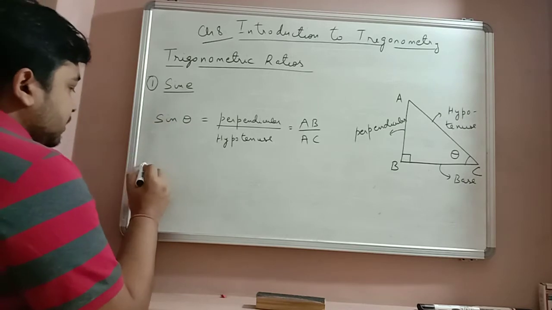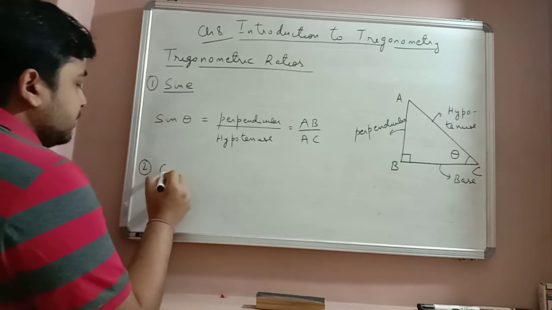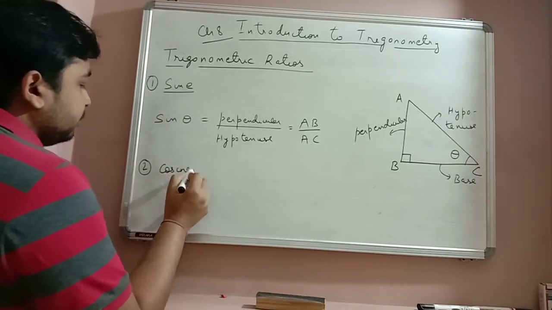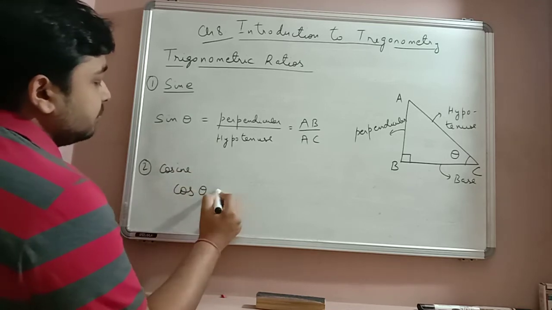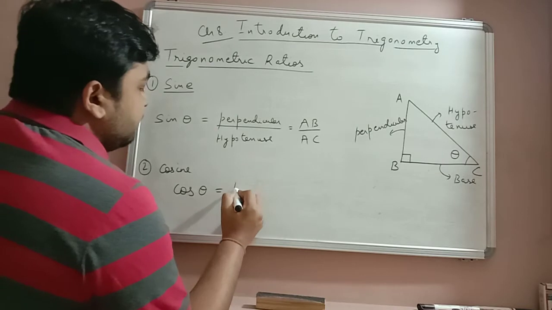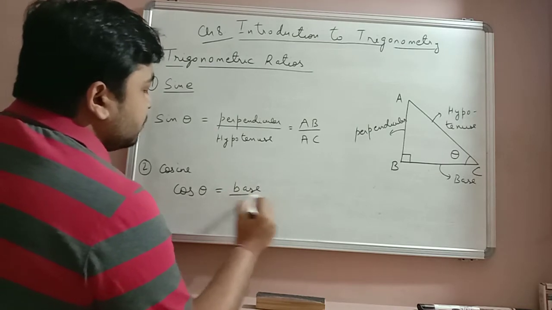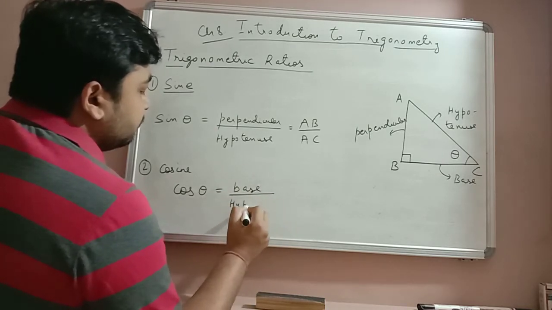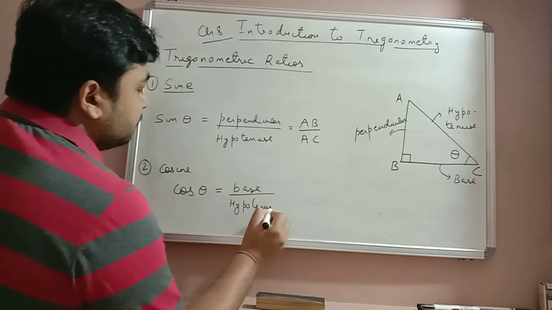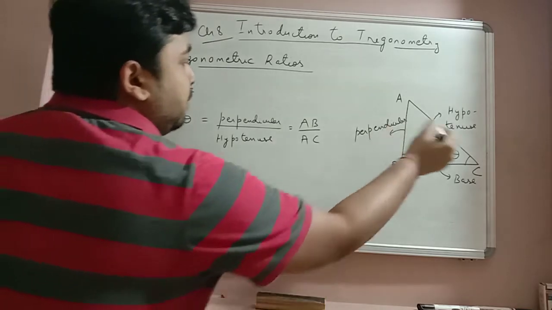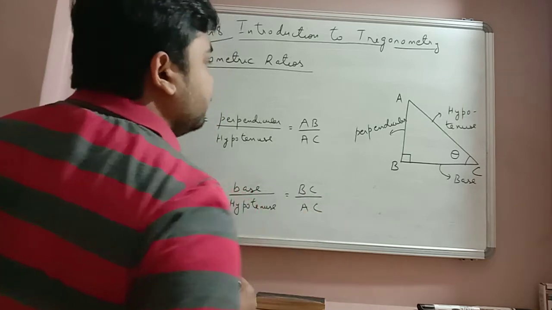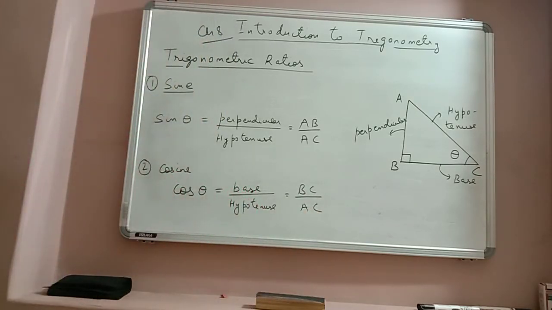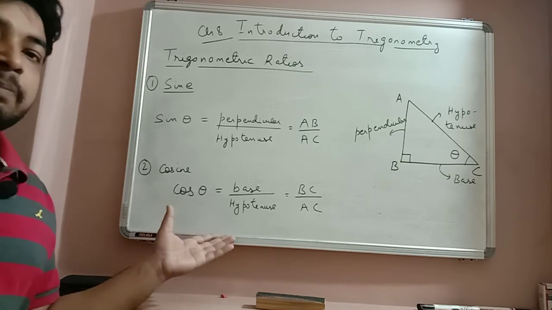Now the next trigonometric ratio is the cosine ratio, and this is abbreviated as cos theta. This is given by base upon hypotenuse. So base upon hypotenuse will be BC upon AC. You will note down by pausing the video.